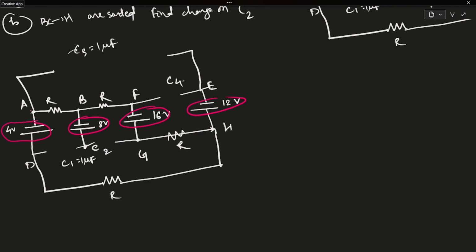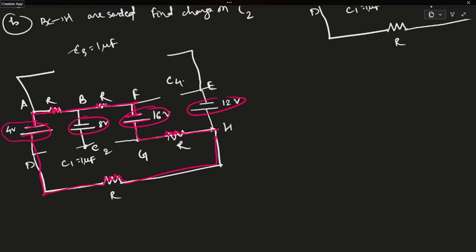Our connection is something like this. Because other corners are open, right? So there will be no flow. The red one is our circuit.